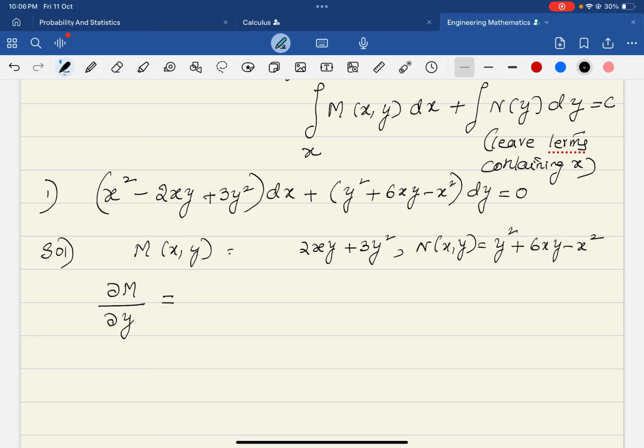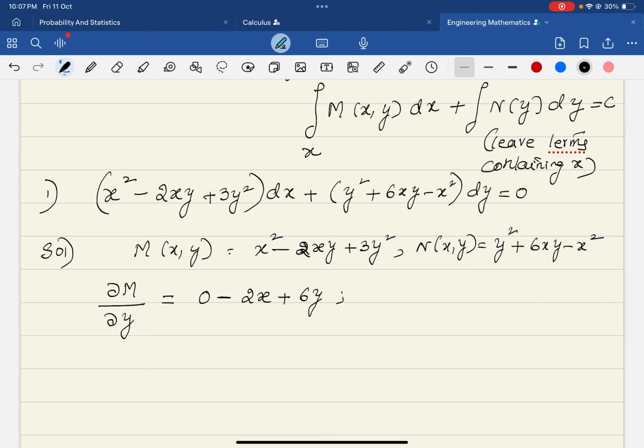So it is x square minus 2xy plus 3y square. The derivative of x square is 0. In the term 2xy, 2 is a constant, x is also a constant because you are differentiating with respect to y. So it is minus 2x times the derivative of y, which is 1, plus the derivative of 3y square, which becomes 6y.